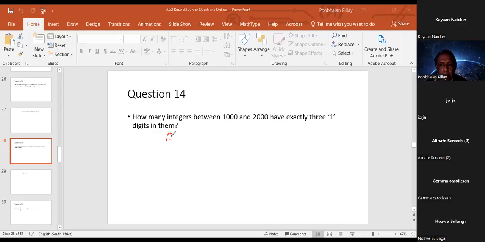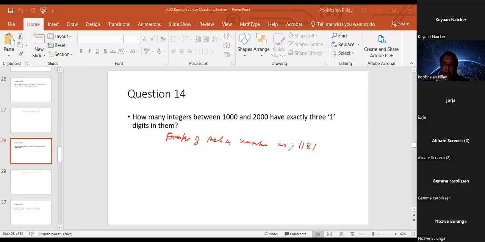So an example of such a number is 1181. It's between 1000 and 2000, and it's got exactly 3 ones in it.